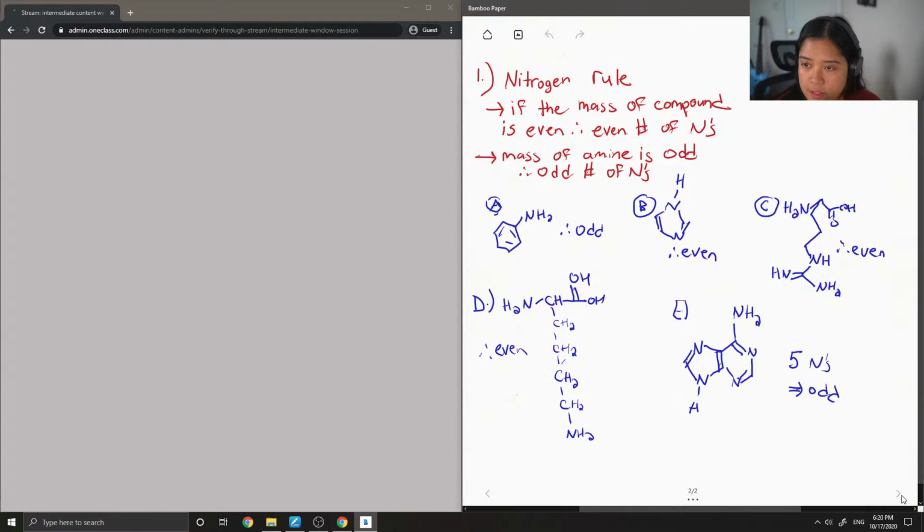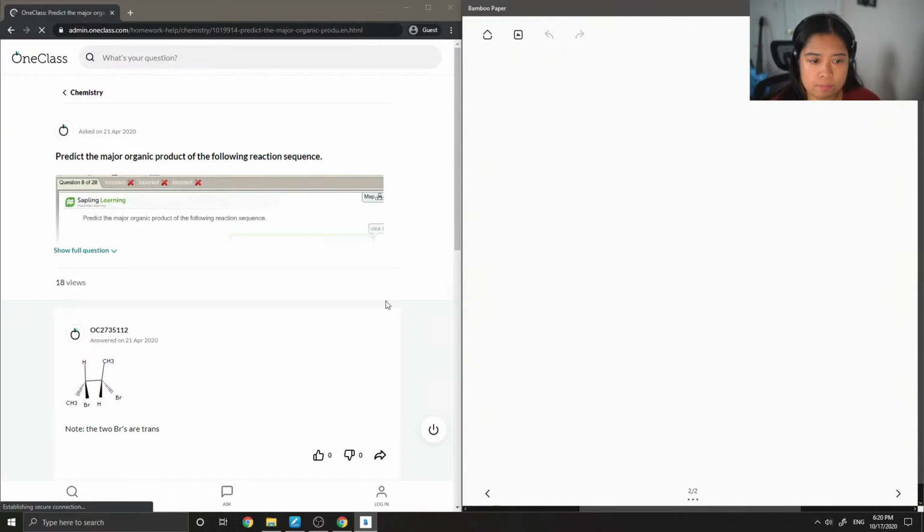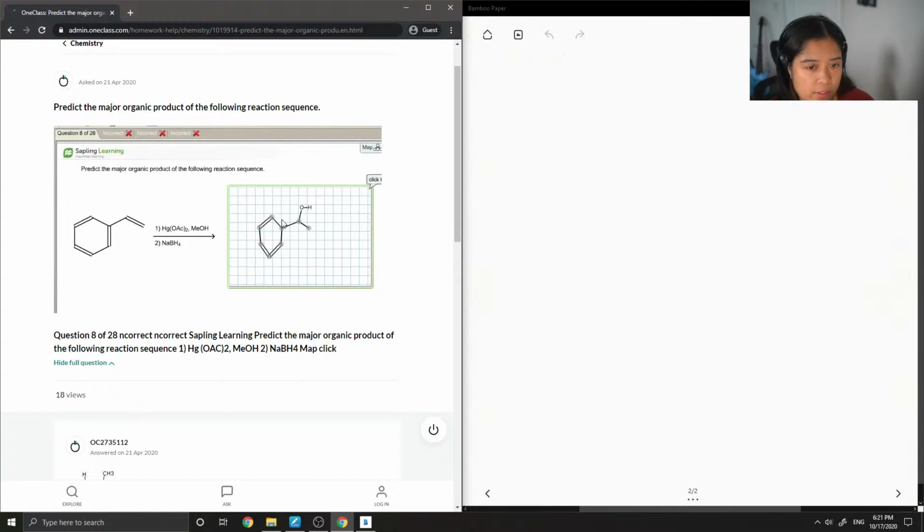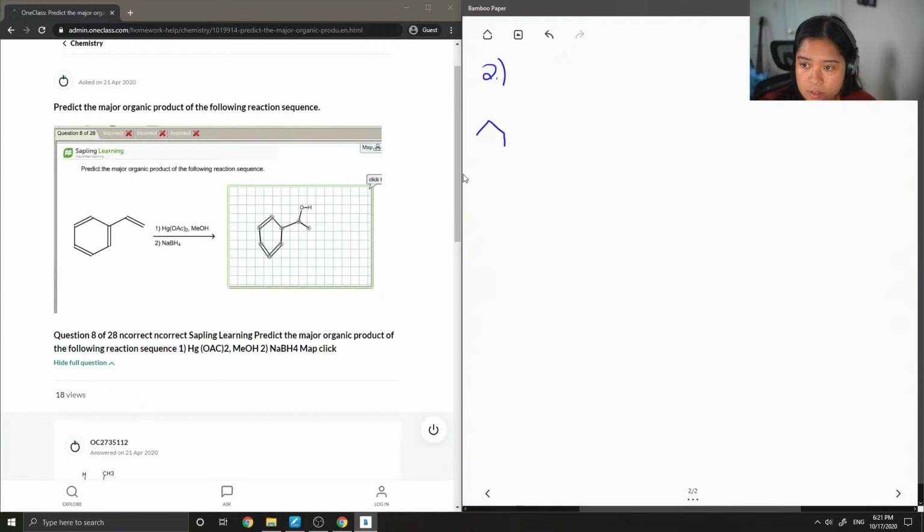Now on to question number 2. Okay, so question 2 says, predict the major organic product of the following reaction scheme. Okay, so let's write down our reaction. This is question number 2.